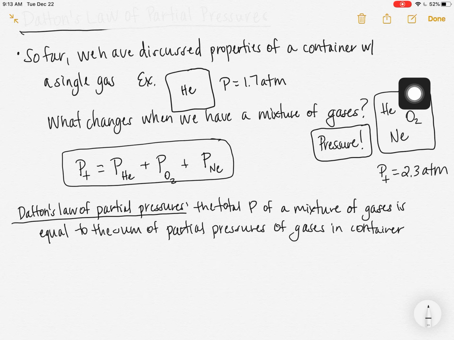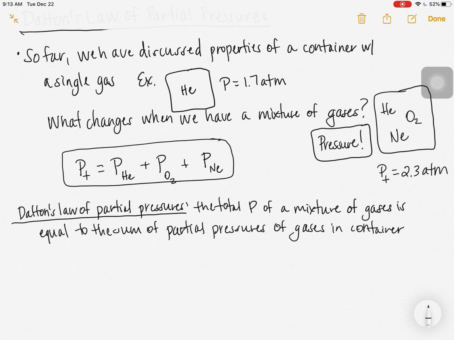But in this container, it's pretty necessary for me to refer to it as the total pressure because I have 3 different gases. So now I might know the total pressure in the container, I just made that up, so I would know this variable. These 3 pieces are unknown. And so there has to be a way for us to solve for the individual partial pressure of a gas.